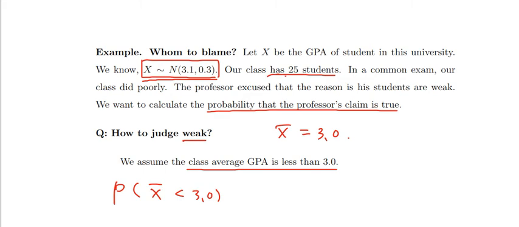We can regard average GPA 3.0 as weak because it is below the average for all other students. So we cannot say what this probability is.